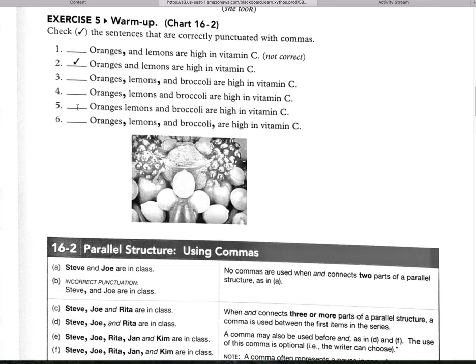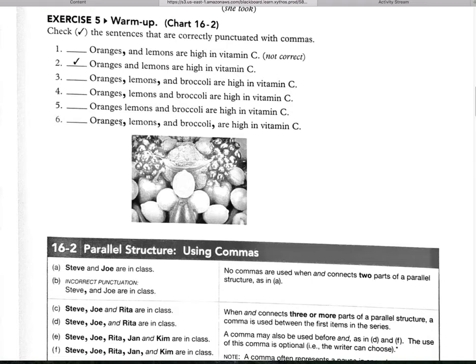If we look at number 5, oranges, lemons, and broccoli are high in vitamin C. That is not correct, because we have 1 noun, 2 nouns, 3 nouns, and no commas. That's incorrect. Number 6, oranges, comma, lemons, comma, and broccoli are high in vitamin C. What do you think? Is that correct or not? That is not correct, and I'll tell you why.